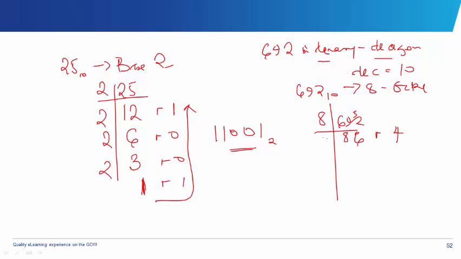Okay, so 8 into 86, we'll have 10, remainder 6. 8 again, we'll have 1, remainder 2. So as usual, we'll count this way, and our answer now will be 126264 base 8.